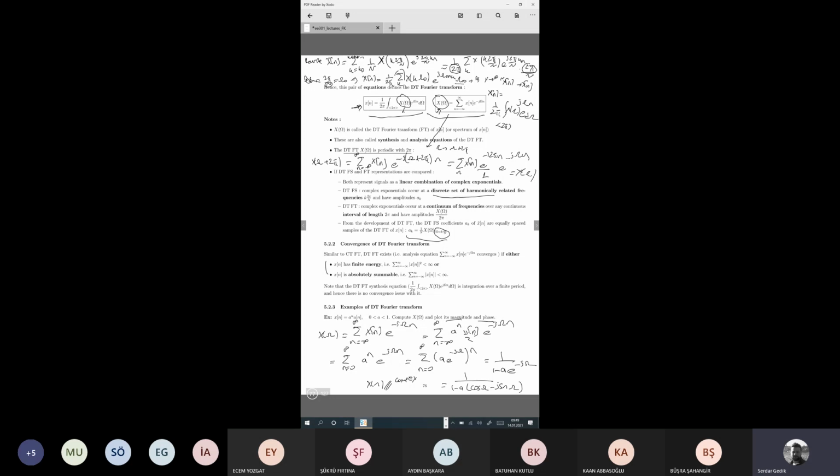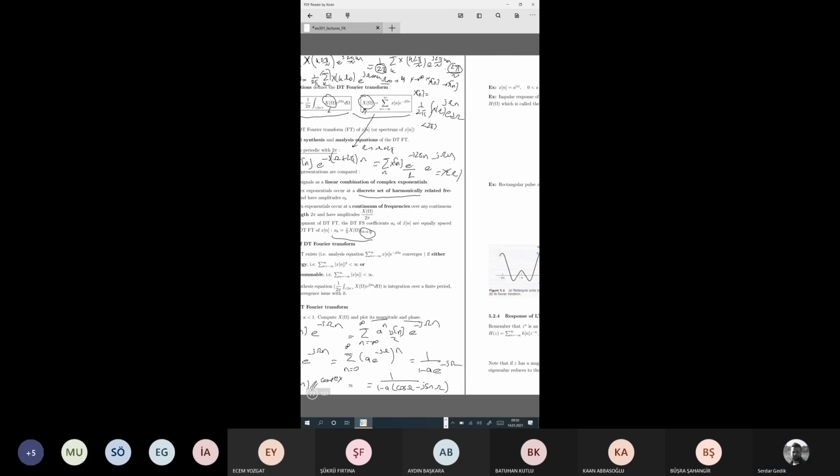For omega equals 0, omega equals pi, omega equals k pi, x of omega is a purely real number. It's not imaginary for those omega values. So the phase is 0 for omega equals 0 or pi or 2 pi, minus pi, whatever you wish.